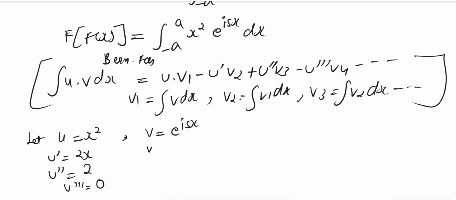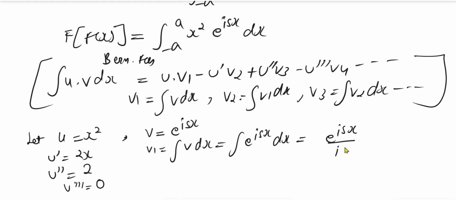Now for v, v1 is integration of v with dx, that is integration of e raised to the power iota sx dx, which is equal to e raised to the power iota sx divided by iota s.